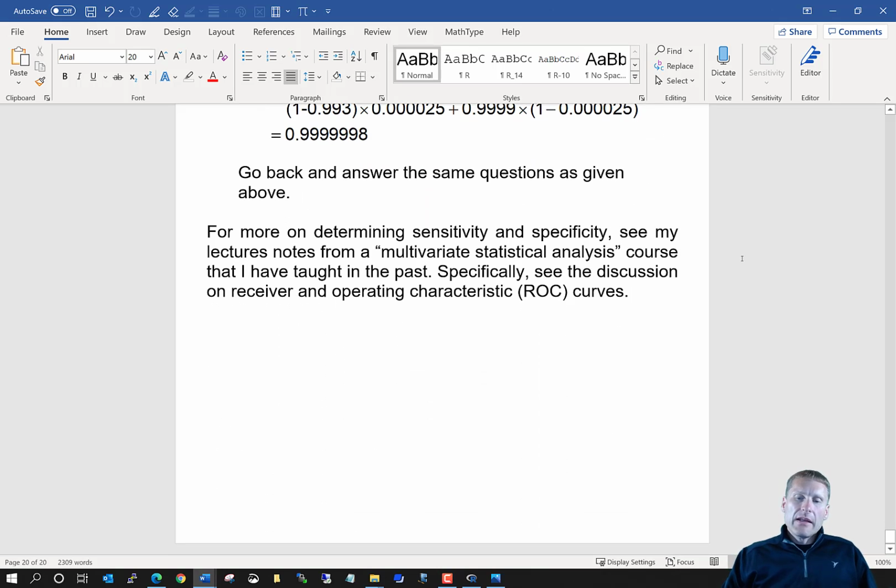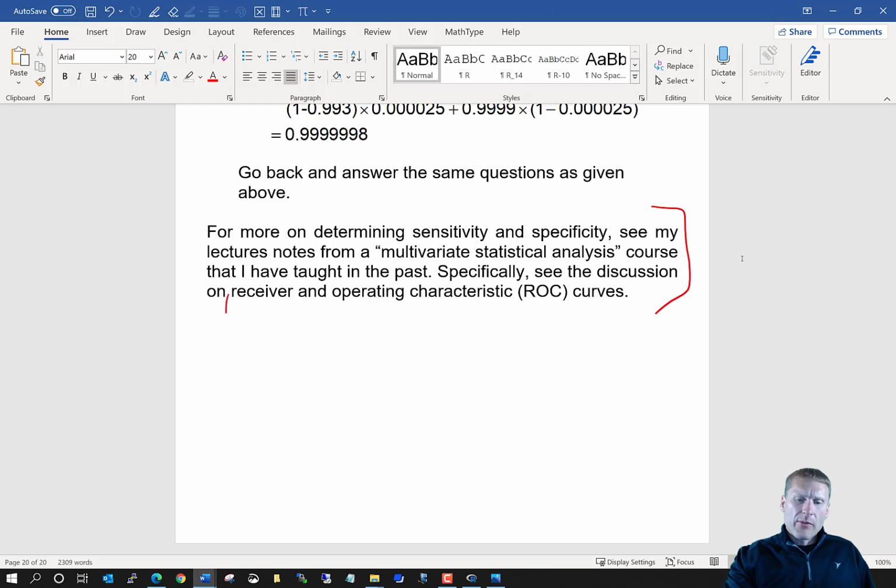Okay. Looking at these kinds of probabilities, sensitivities, specificities, predictive values is actually kind of fun to do. And in fact, in some courses, you spend a lot more time talking about those as well.